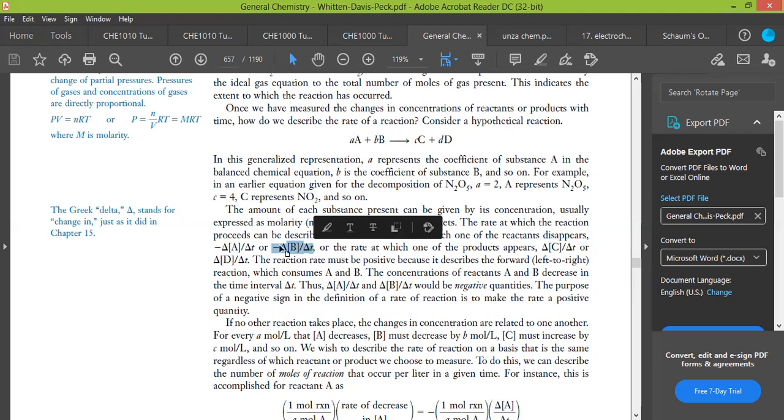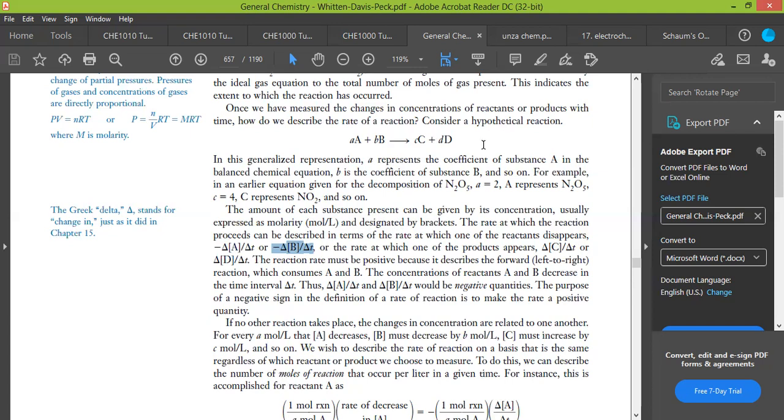If you are measuring the rate with respect to products, the equation is the same, but this time, since the product increases from a smaller number to a larger number, because at the beginning of the reaction, mostly, you won't even have any of the products. The products will start being produced in solution.